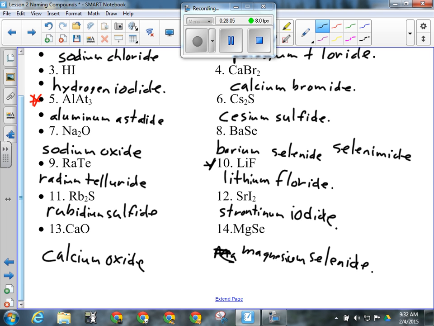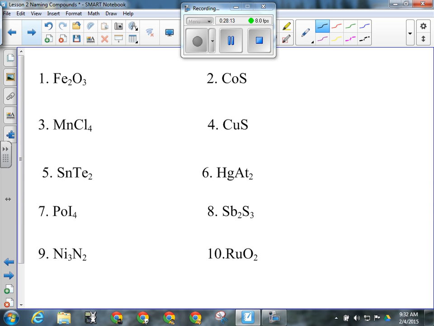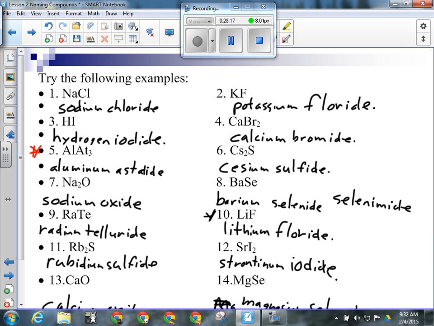Okay. If you look at the top of your periodic table, you'll see the table of polyatomic ions up there. I thought I had the periodic table in here. Hang on.